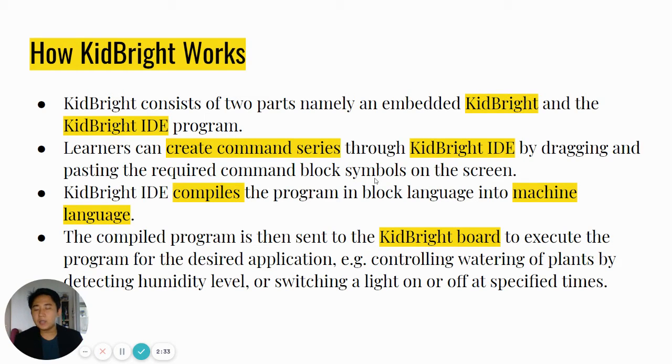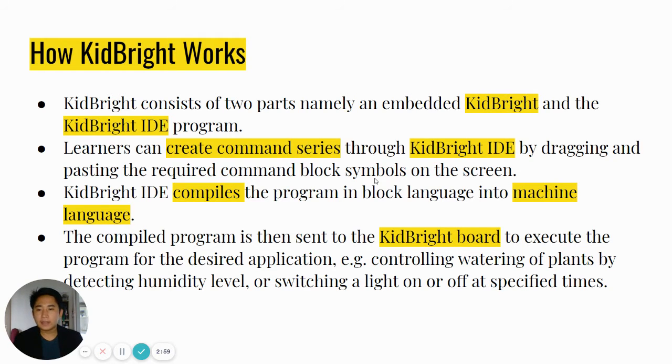So basically what's happening here is you will write the program on the KidBright IDE, and then the KidBright IDE will compile those block programs into machine program so that when they send it to the KidBright board will understand your program and it will do what you want it to do.